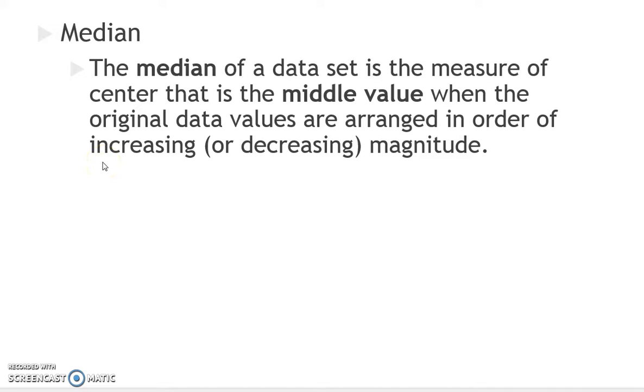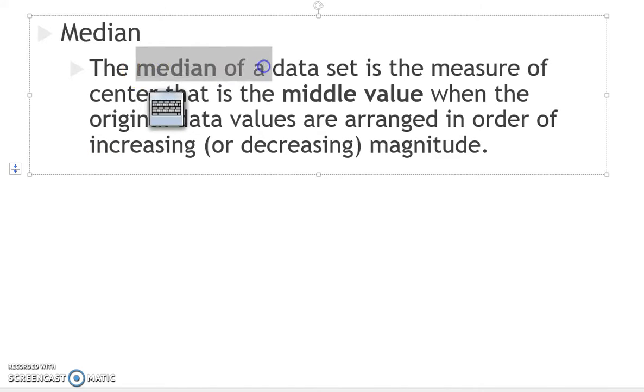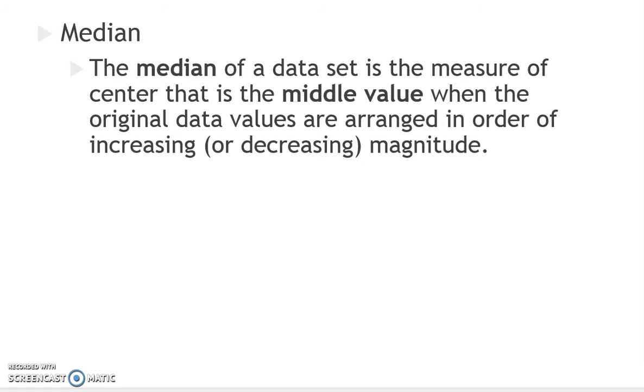The next measure of center is called the median. Let's look at the definition. The median of a data set is the middle value when the original data values are arranged in increasing or decreasing order.